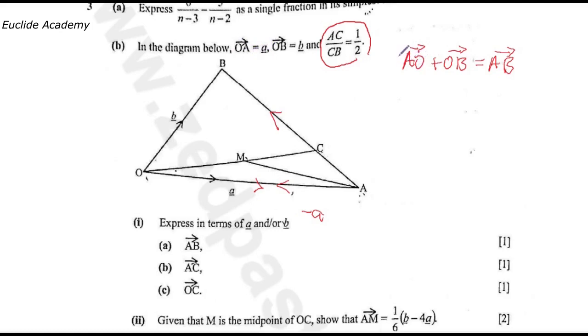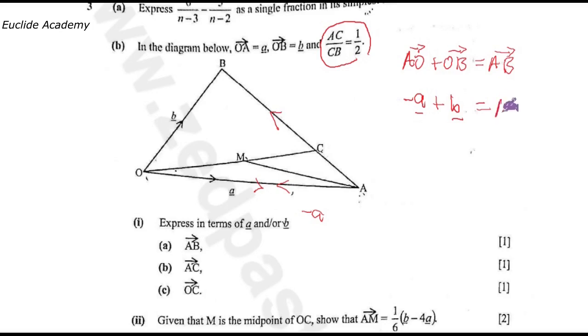So how do we get AO from OA? For us to get the vector AO, we have to flip the sign. So instead of being vector A, it now changes to negative A underline, plus OB, which is the vector from here going to there, which is B.